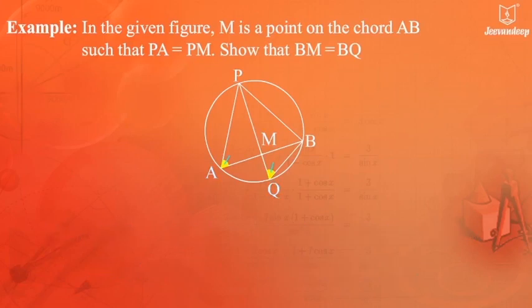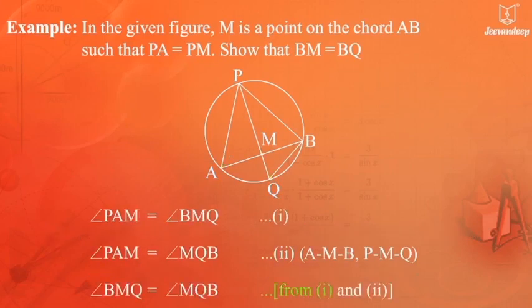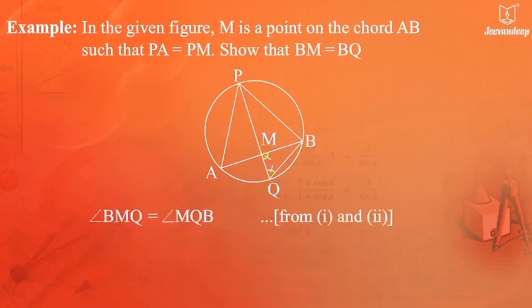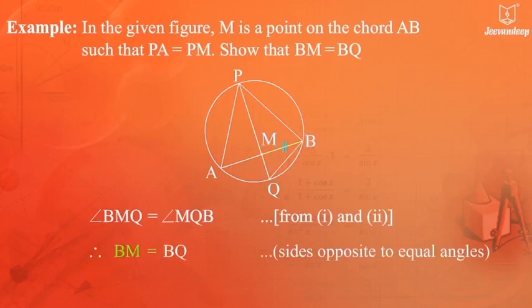Equation 2. From equations 1 and 2, we get angle BMQ equals angle MQB. Therefore, BM equals BQ, being the sides opposite to equal angles.